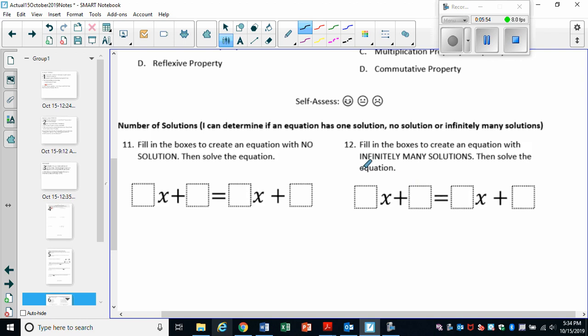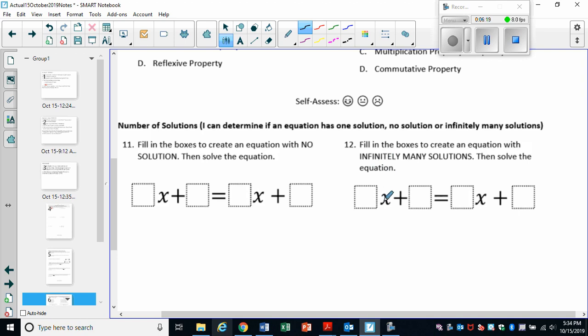Now, number 12, similar situation, but we will need to figure out what is the situation going on with these 2 numbers and these 2 numbers respectively. If you can do that, you'll figure out infinite number solutions.